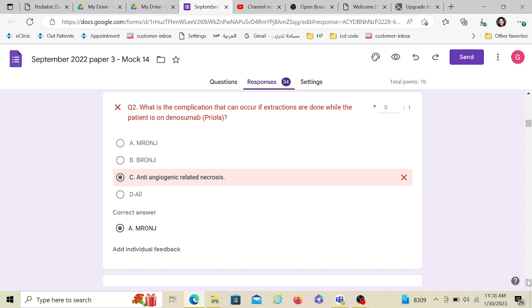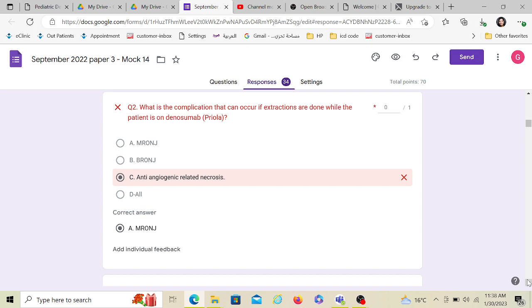Now, because this is a medicine and it doesn't fall inside bisphosphonate, my option will be medication-related osteonecrosis of the jaw. Denosumab is not an agent which is given for cancer, as in blood cancers. Meaning, sometimes you need to stop the tumor by giving anti-angiogenic drugs.